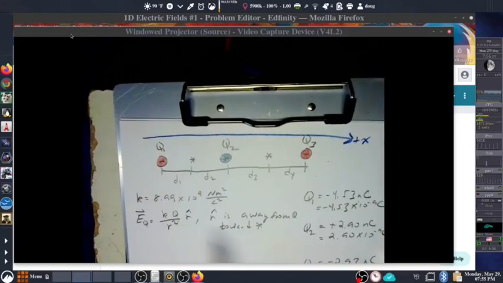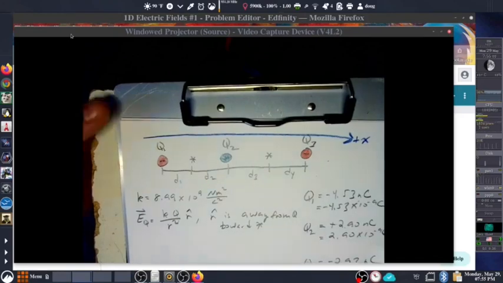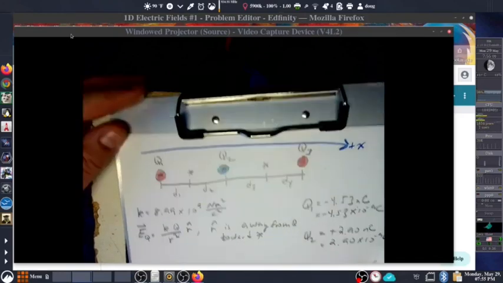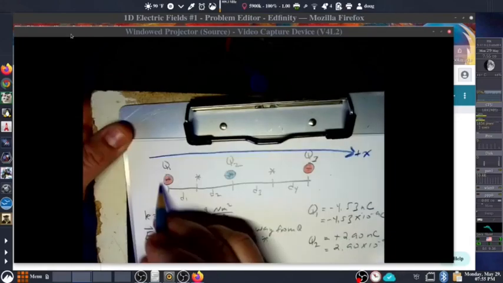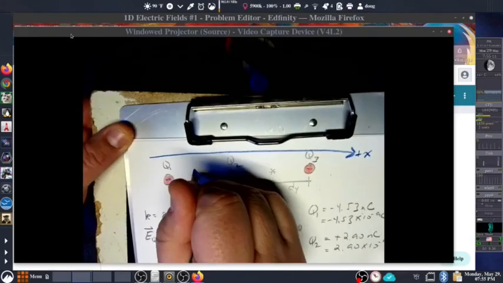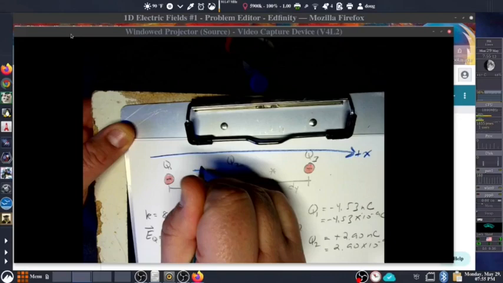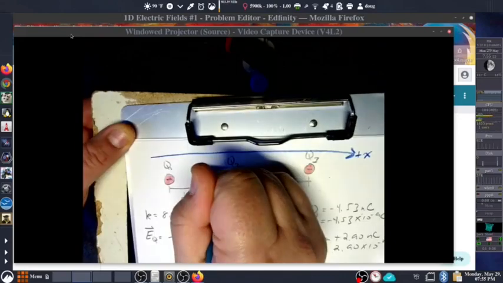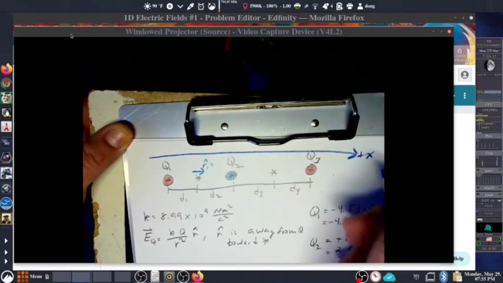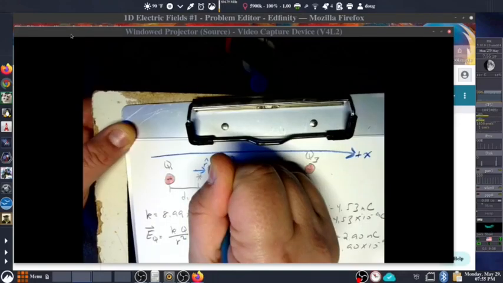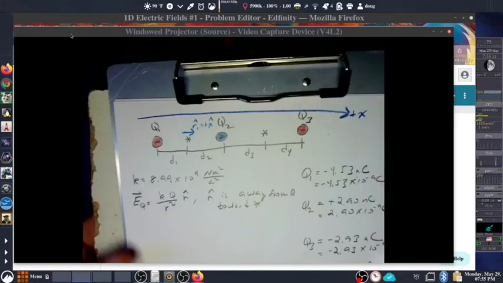It always points away from the charge. So for Q1, the vector that points away from this charge at this point would be this direction. So this would be r1 hat, and that's going to be plus x hat. So that's what I'm going to use for that.